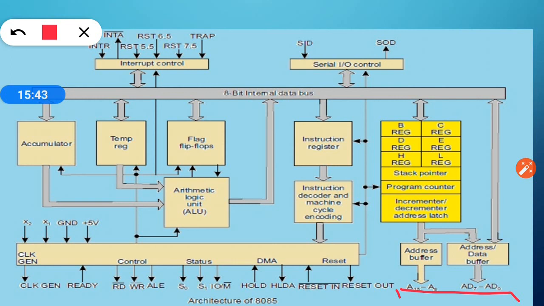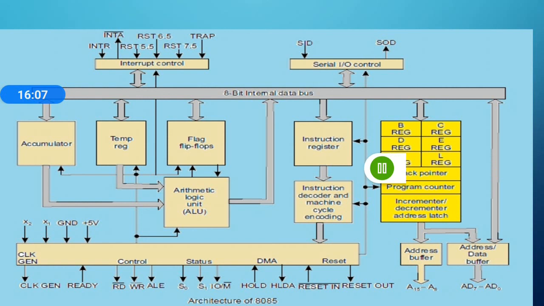Then data from the accumulator is delivered via this 8-bit internal data bus through this address-cum-data buffer to the memory device, to the particular memory location for which earlier we provided the 16-bit address. Okay, so this is the load and store function of the accumulator.